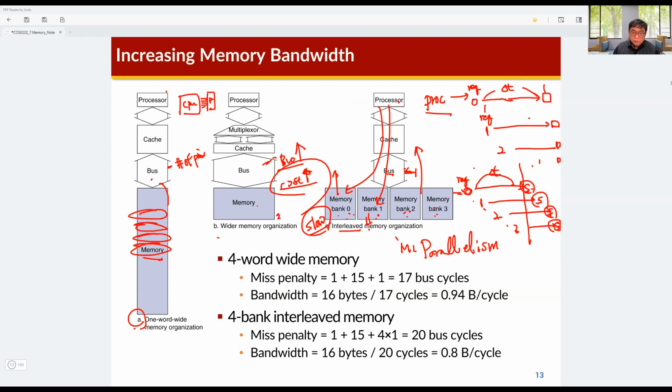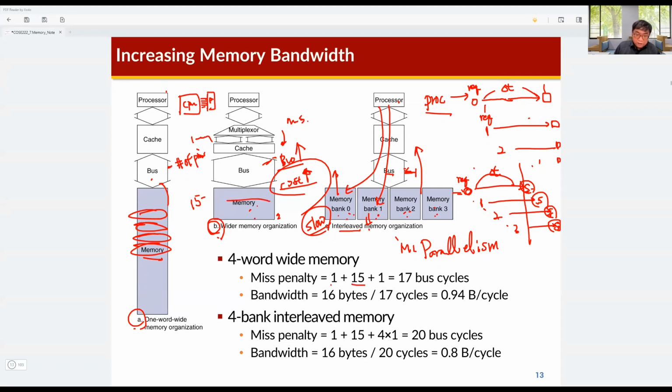So this is the example. This is case B, and let us assume that it takes 1 cycle to access the cache, and 15 cycles to access memory. If a miss happens in the cache, we consume 1 cycle for accessing the cache, and then 15 cycles for accessing memory.